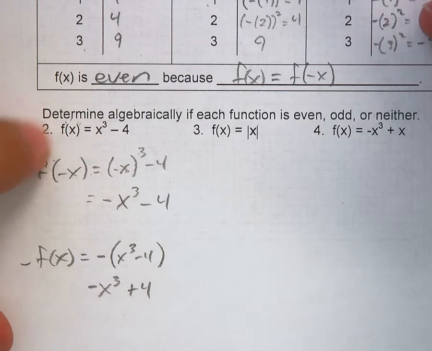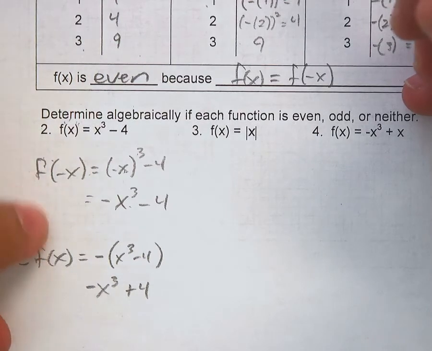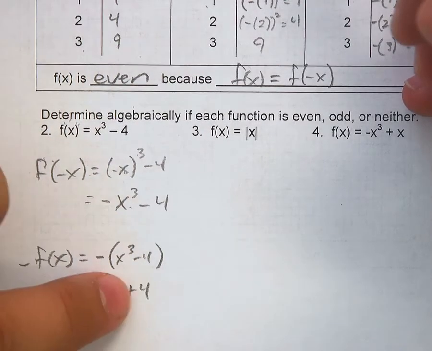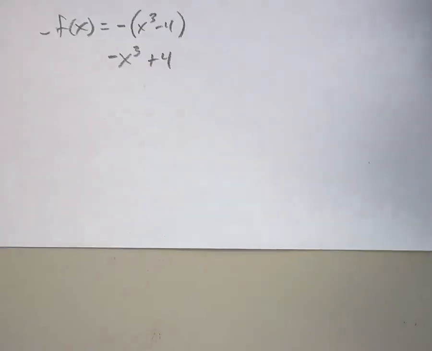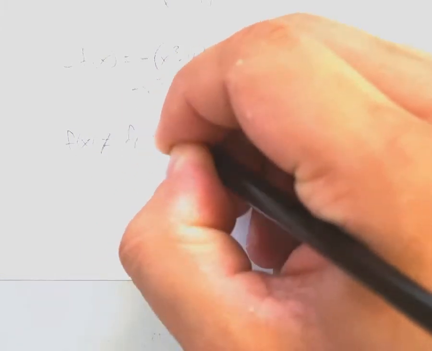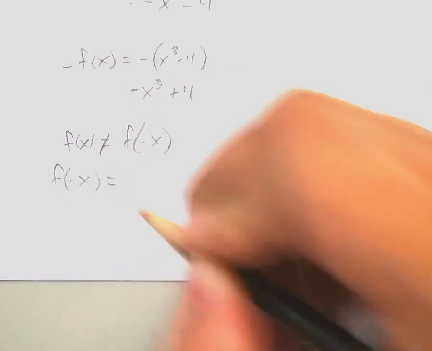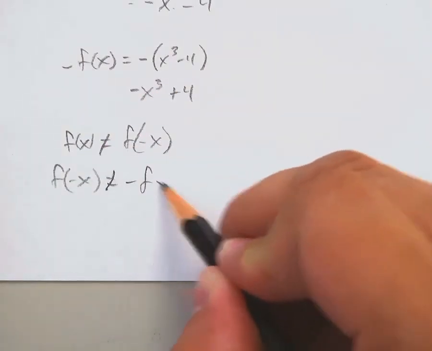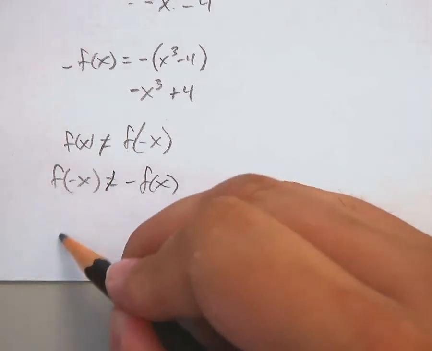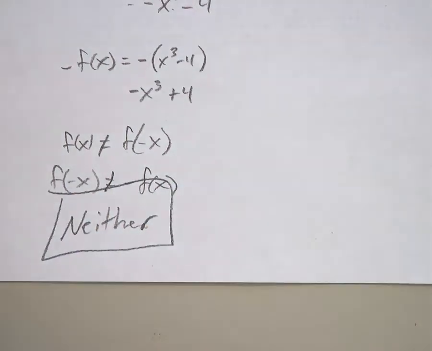Are they the same? No. This is a negative x cubed here. For odd, these guys are going to be the same. Are these the same? No, because this is a positive 4 here. So here's what I would write. F of x does not equal f of negative x, so it's not even. F of negative x does not equal negative f of x, so it's not odd. It's neither.